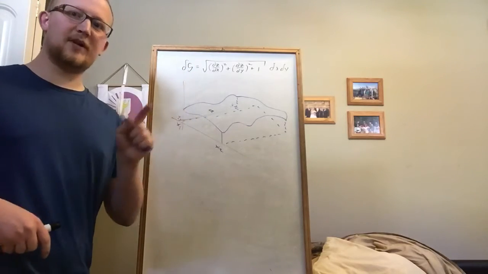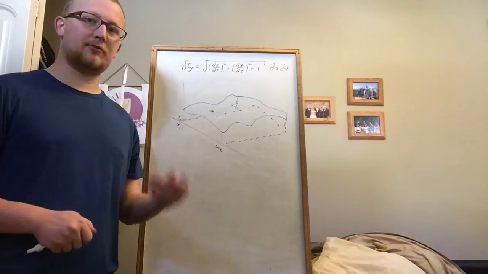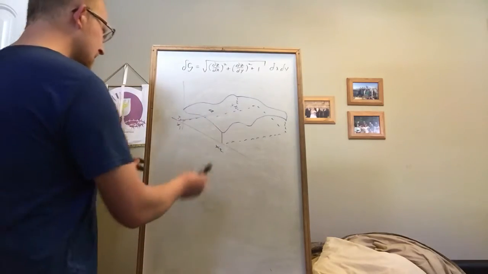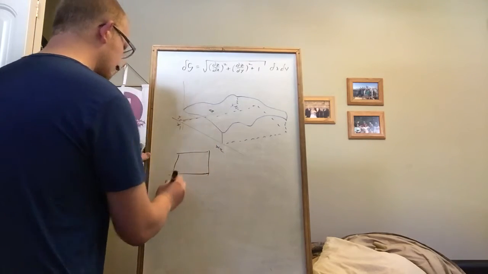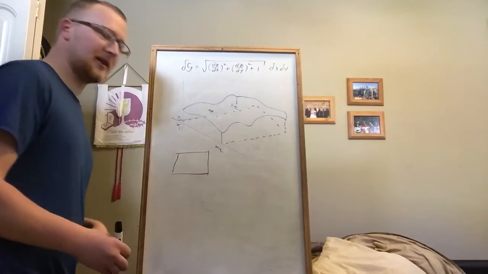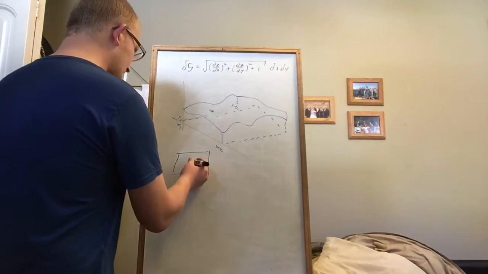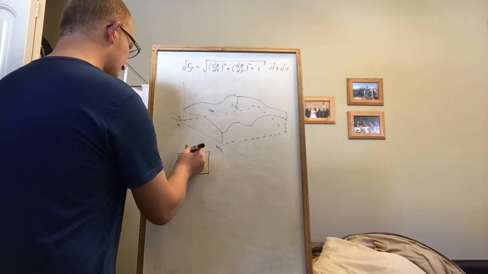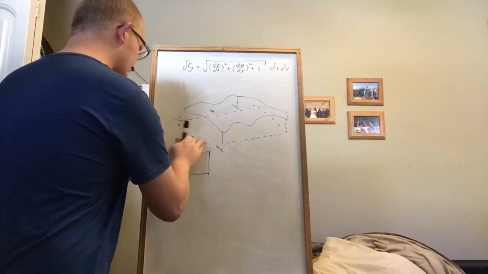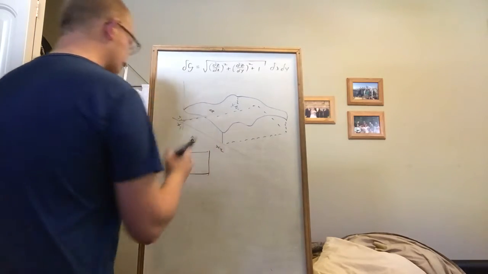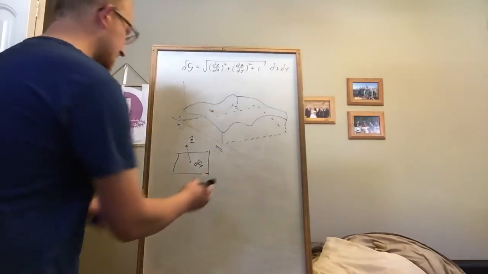Now the question is, we don't just want to find the surface area, we want to find the flux going through the surface. When we looked at surface area, we were finding the area of small parallelograms. Now we're using the normal vector, I use little n, the unit normal vector to this surface. This surface has area ds.